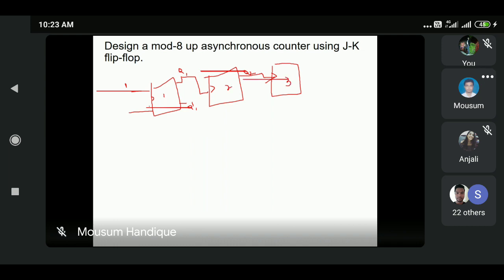So this one is Q1 and this one is the Q2 bar. And this one is Q3, because we are using only 3 flip-flops, and this one is Q3 bar.